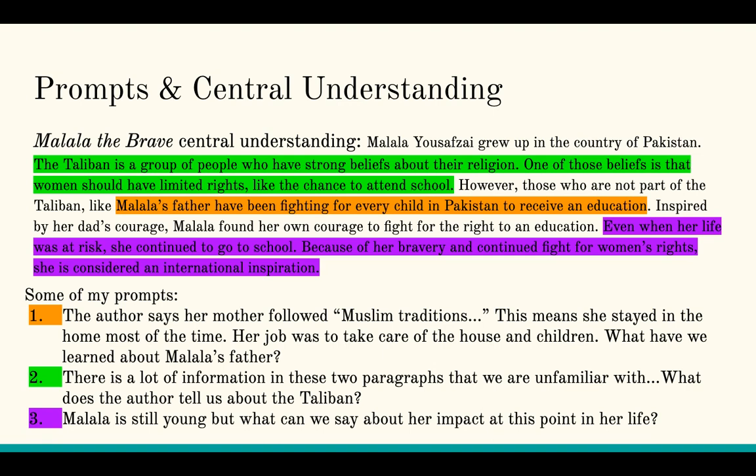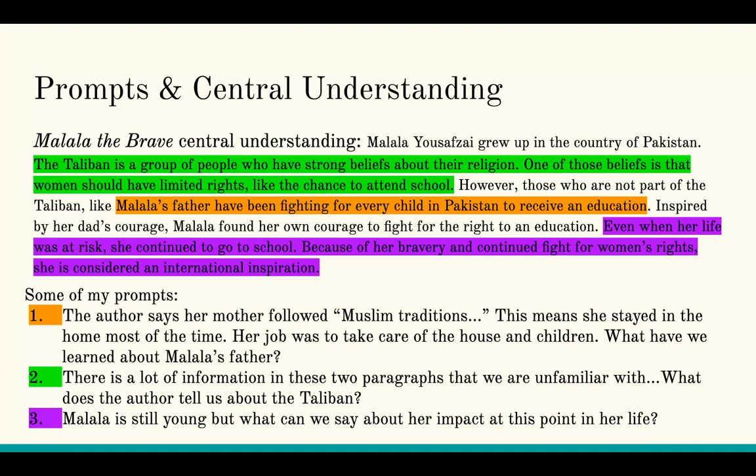So in my very first prompt, I wanted students to talk about what they had learned from Malala's father. And this was important for the students to understand because in my central understanding there in orange, I wanted them to know that Malala's father had been fighting for education for children in Pakistan well before the Taliban started to take over.